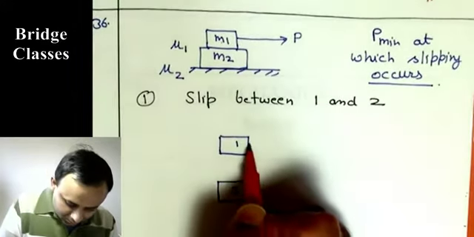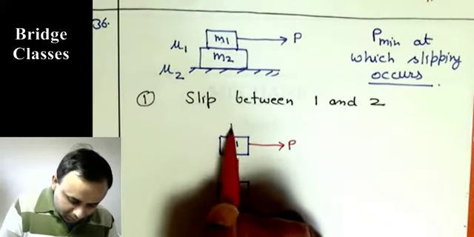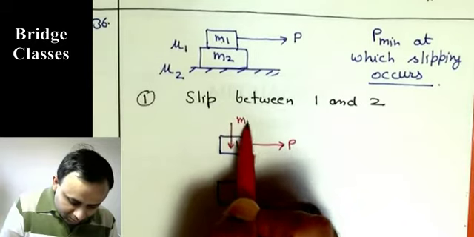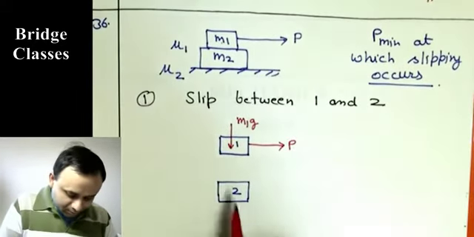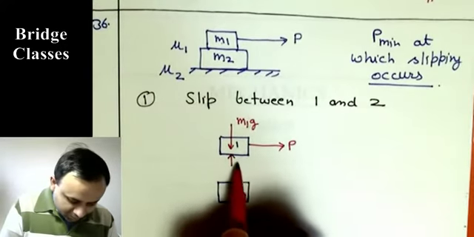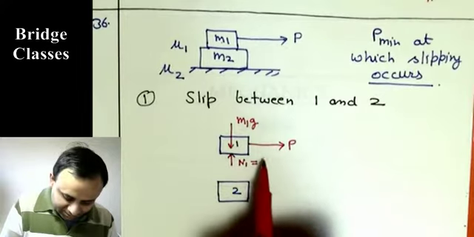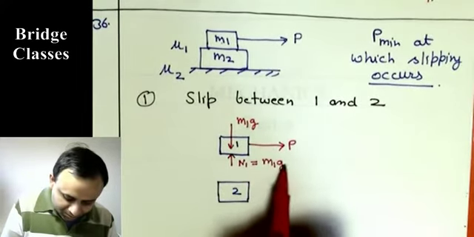Various forces are: there is P here, and weight downwards, that is M1 g. Normal reaction here, let us call that N1, and by force balance in this direction, I'm just writing it directly, this will be M1 g.